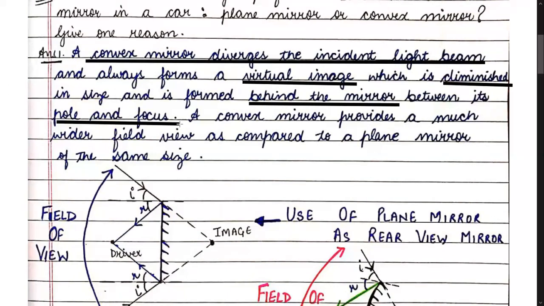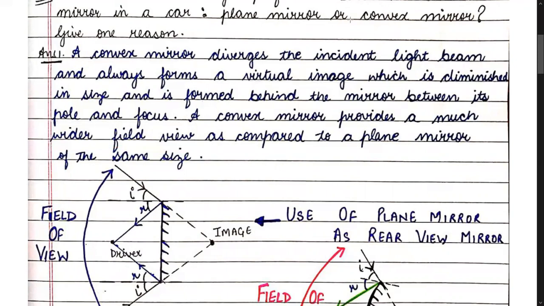And children, a convex mirror will provide a much wider field view. So this is our basic reason that a convex mirror provides a wider field view as compared to plane mirror of same size. Now okay, we can understand this by using the diagram also.